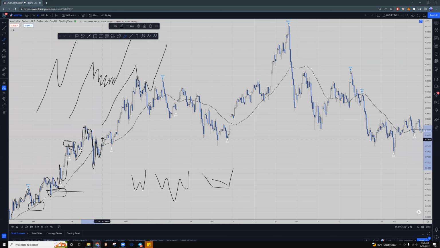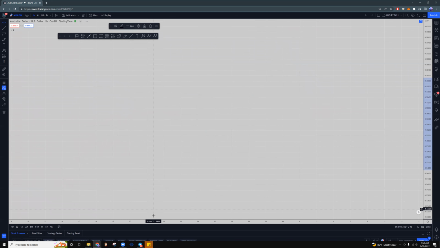So double bottom, pull back, double top. Just trying to speed up here. Double bottom. This here is a double top. This one gets a little bit ugly, but I think this is an inverted head and shoulders. Let's go to the 1 hour time frame and see if we can see it.